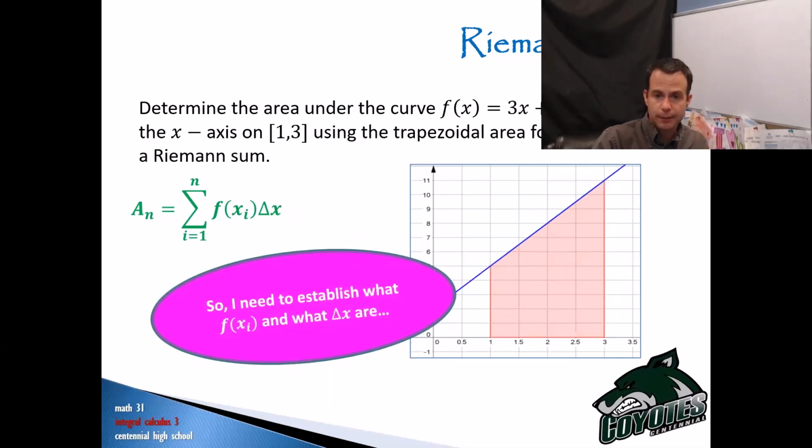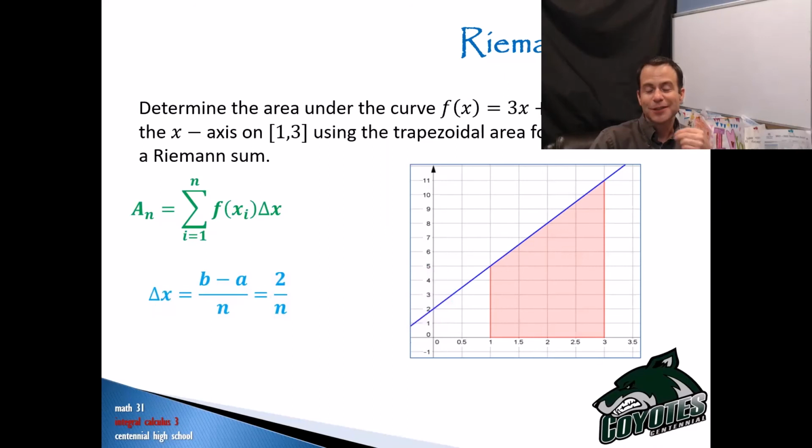Okay, so I need to establish what each of these guys are. So the increment of x is b minus a over n, and so that would be 2 over n. In order to figure out what f of x subscript i is, I need to figure out what x subscript i is first.